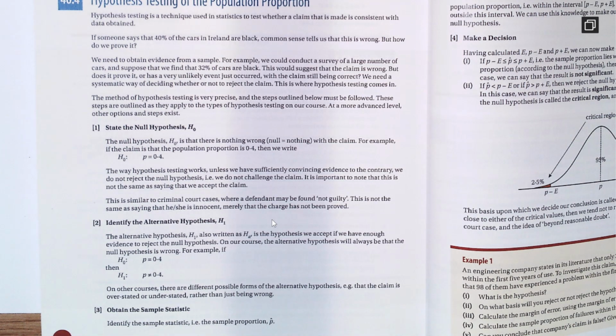It is important to note that this is not the same as saying that we accept the claim. Either you do not reject or you reject, always. Strictly, you cannot accept the null hypothesis, because that would mean you're 100% sure that it works. We just don't reject it.